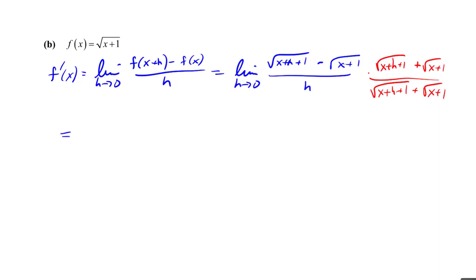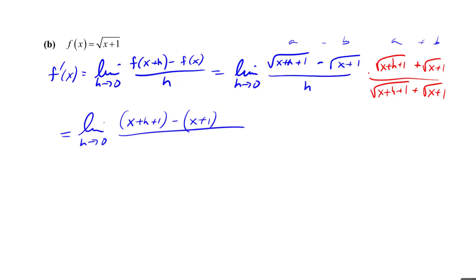Okay, so that's going to give me, on the top again, remember I'm dealing with an a minus b and a plus b. When I get a squared minus b squared, I'll get x plus h plus 1 minus x plus 1, because both of the things just end up coming out of the radical. And then I get h times this whole square root of x plus h plus 1 plus square root of x plus 1.